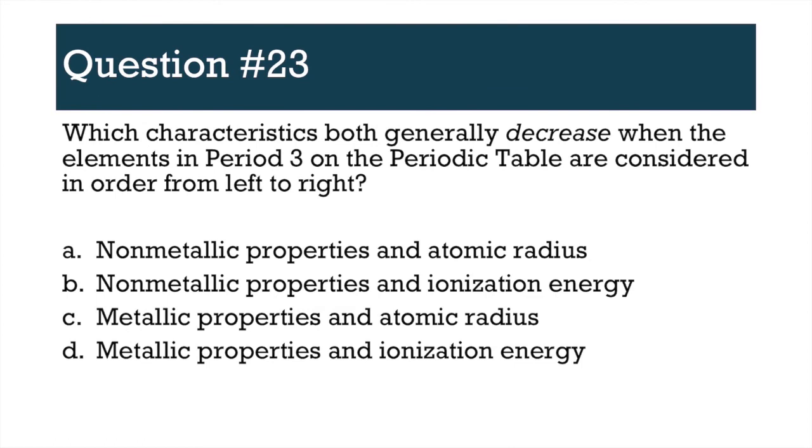Number 23 says which characteristics both generally decrease when the elements in period 3 on the periodic table are considered in order from left to right. So here's a periodic table. We're going this way. From all the other questions, we know that electronegativity increases when you go left to right. Ionization energy also increases.